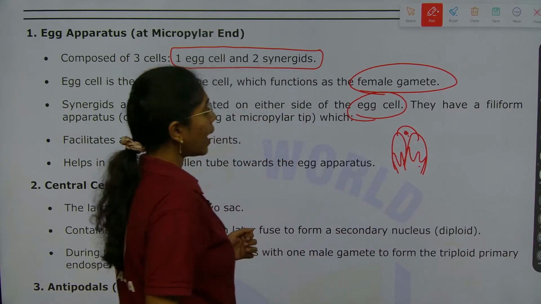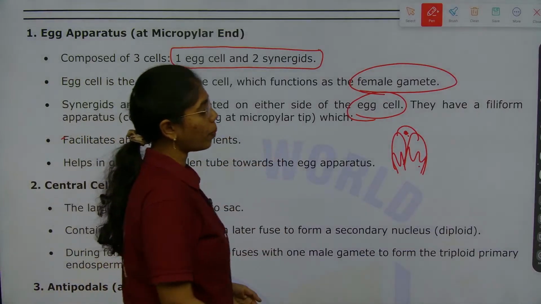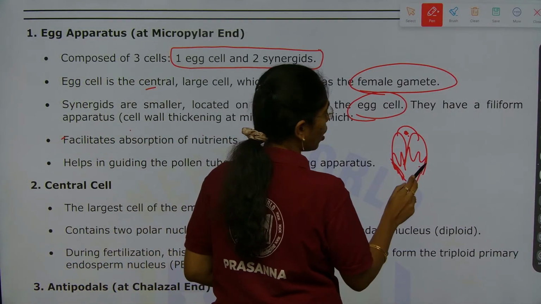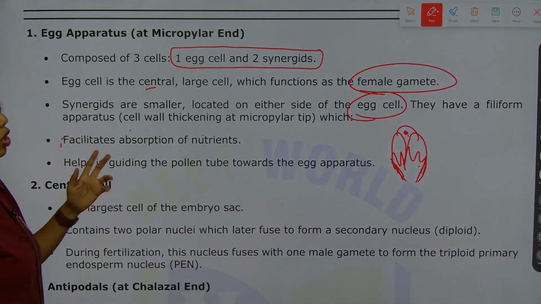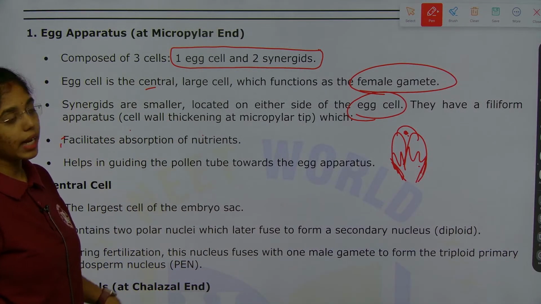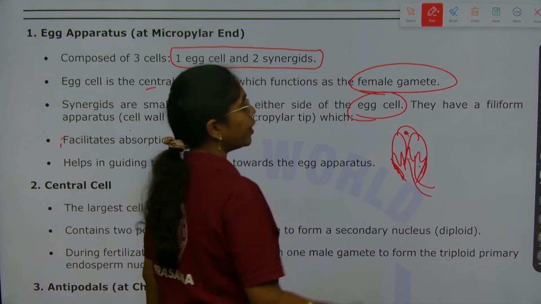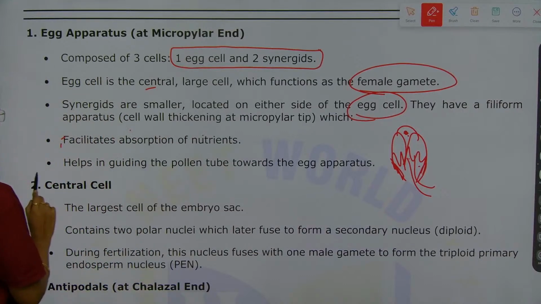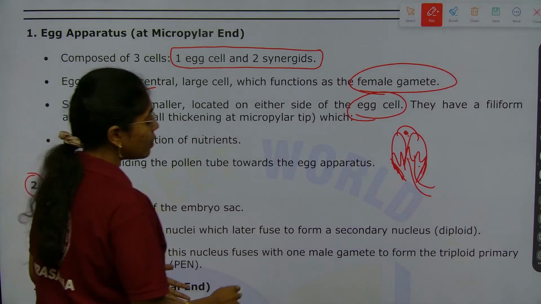Clear, right? They have filiform apparatus, a cell wall thickening at the micropylar end, which facilitates the absorption of nutrients, and this helps in guiding what? Pollen tube into the embryo sac. Next is what? Central cell. Central cell is the largest cell of the embryo sac and contains 2 polar nuclei which will later fuse.